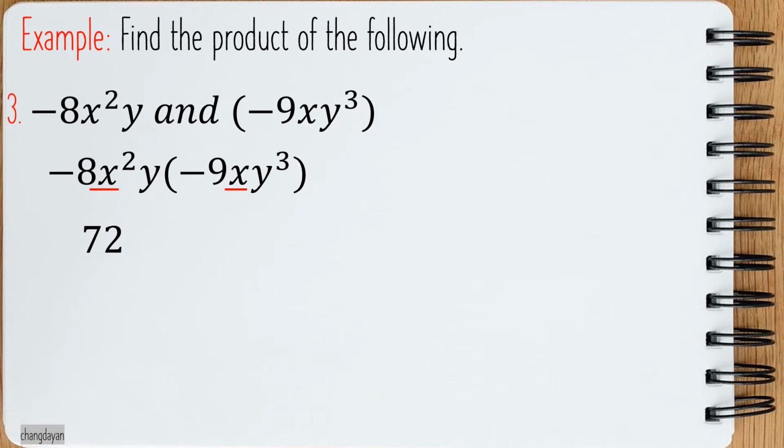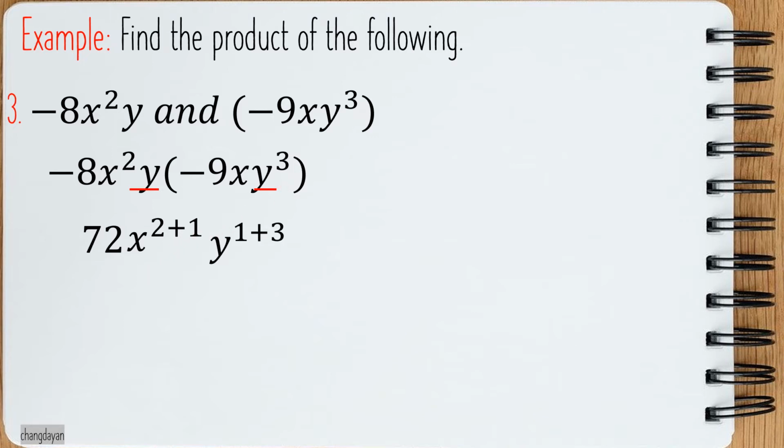Next is x squared times x. Parehong x yan, add lang ang exponent. Tandaan, kapag walang exponent dito, may tinatawag tayong invisible na exponent na 1. Add lang natin yan. Next is y. May invisible 1 dito at may 3 naman dito na exponent.